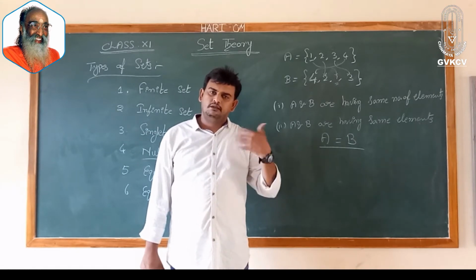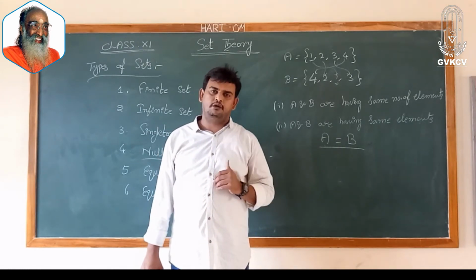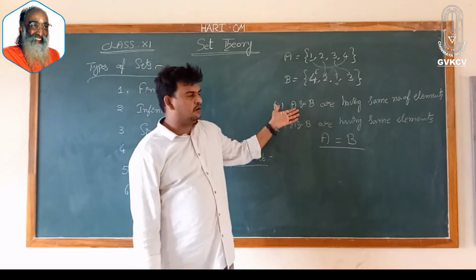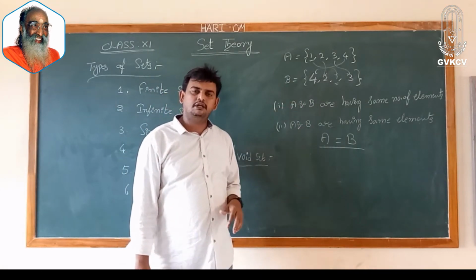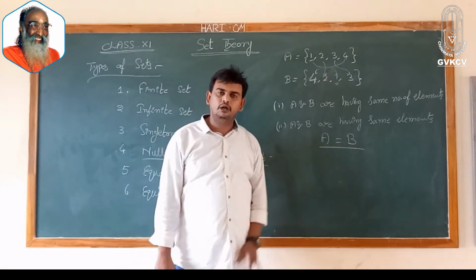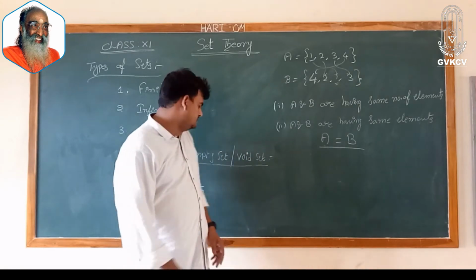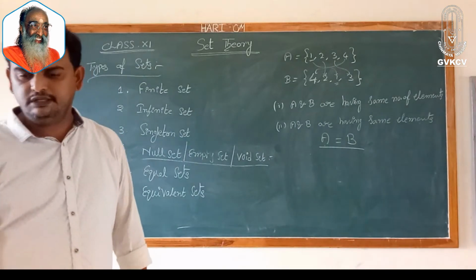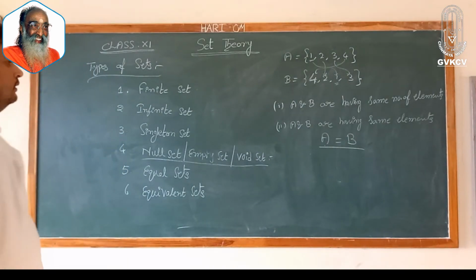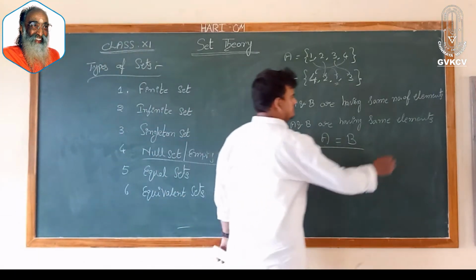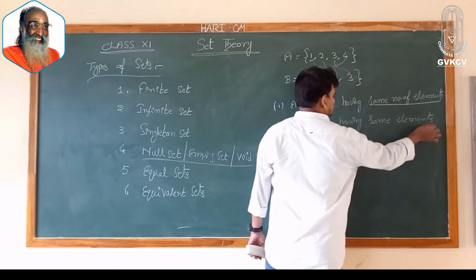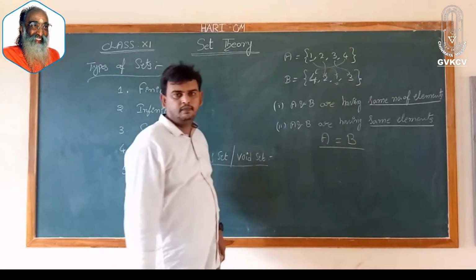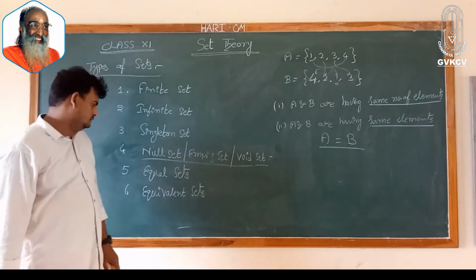Condition 2, whether the sets have the same elements or not. Here I have the same number of elements and the same elements, so I can say that A and B both are equal sets. That is about equal sets. So equal sets means we should compare same number of elements, same elements. That is called equal sets.